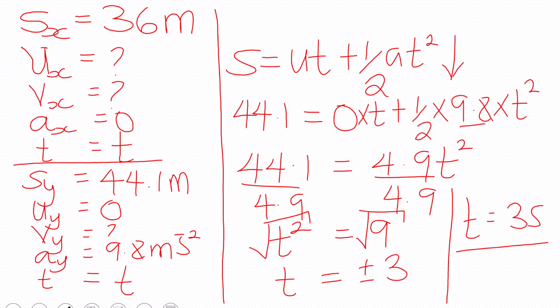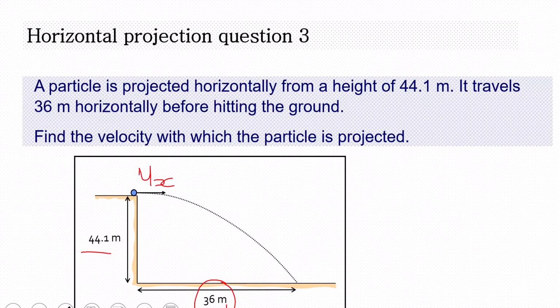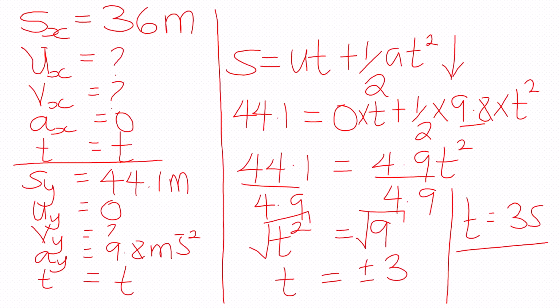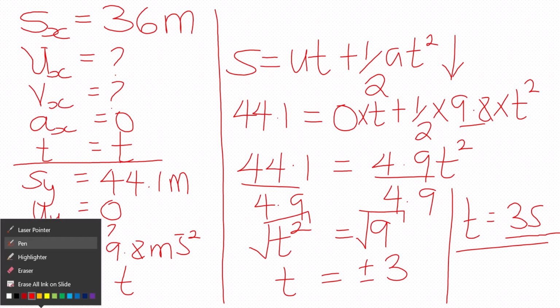So now time is done, and what they wanted was, they wanted us to find the velocity with which the particle is projected, that is u in the x direction. So we erase this information. Since we have our time t already, we now erase this and we work out the u in the x.